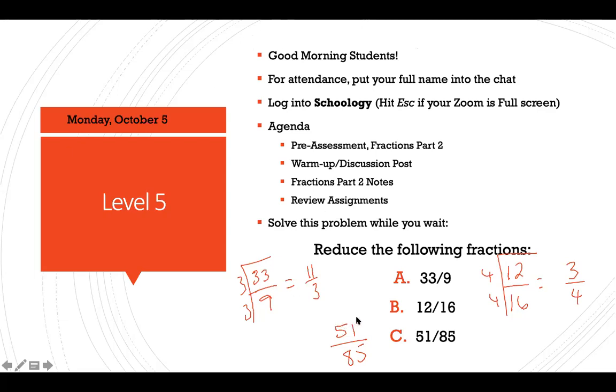Don't force the issue. If you can't reduce it, you can't reduce it. In this case, this number cannot be reduced. It's just 51 over 85. We just leave it the way it is. Sometimes you can't reduce them. Okay. So that's that.